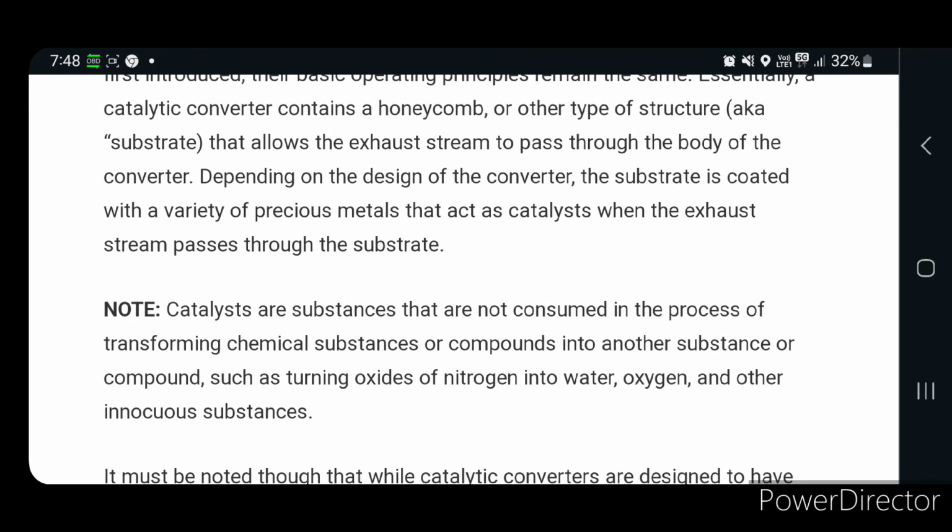Note, catalysts are substances that are not consumed in the process of transforming chemical substances or compounds into another substance or compound, such as turning oxides of nitrogen into water, oxygen, and other innocuous substances.